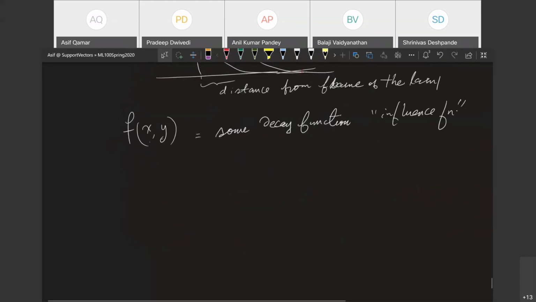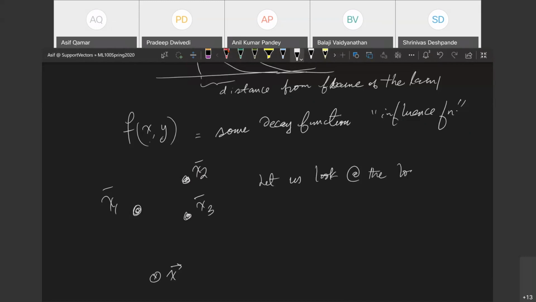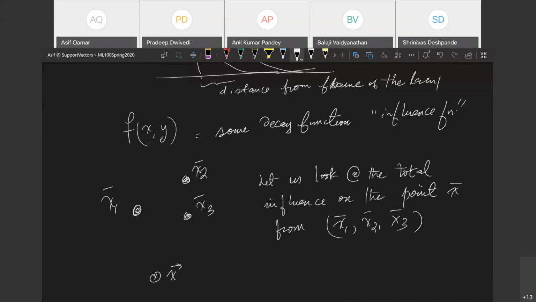Now comes an interesting thought. Suppose I have 3 points, x1, x2, x3, and I'm looking at the total influence at a given point x from x1, x2, and x3. How will you do that?